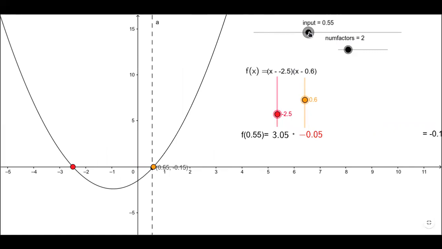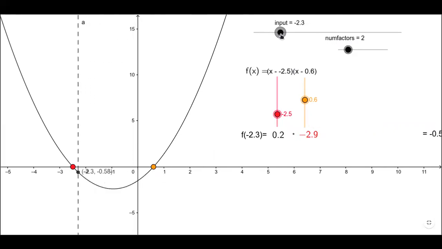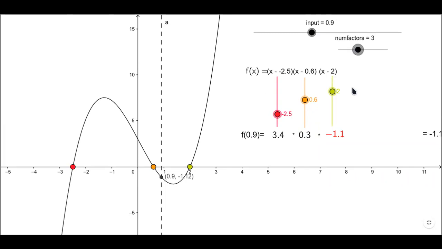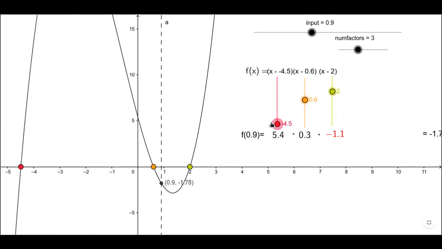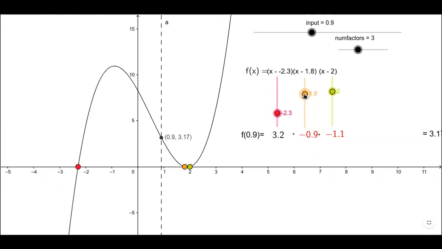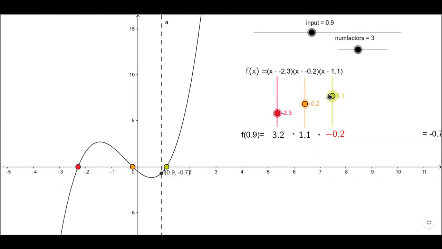I can use this one to measure the zeros of a polynomial, to exactly locate the x-intercept. Maximum 2 intercepts I am having. Suppose I take 3. Then I can see one intercept, this is the second intercept and this is the third intercept.